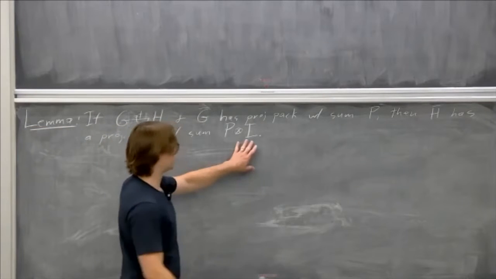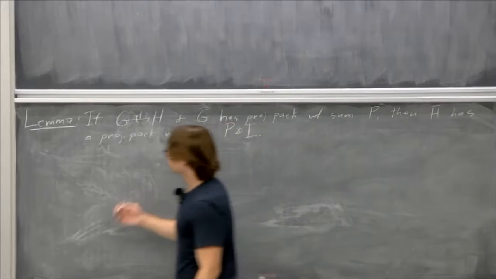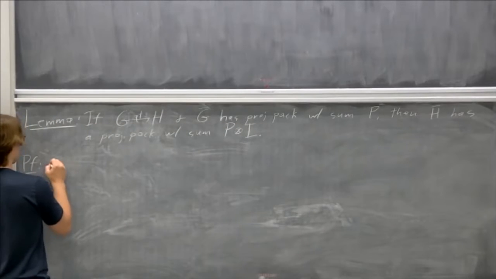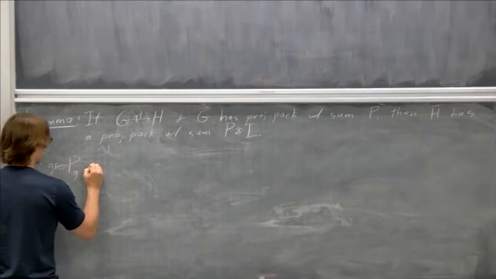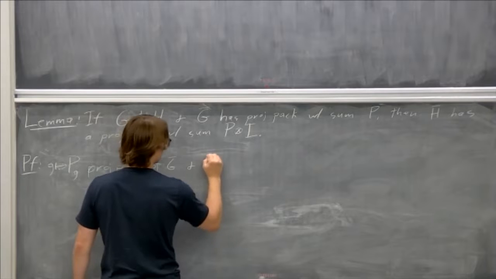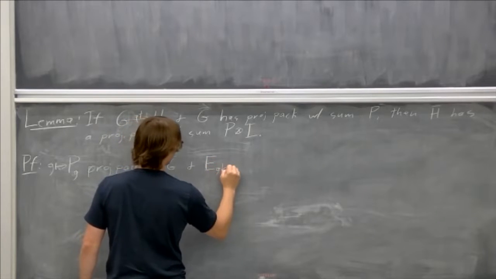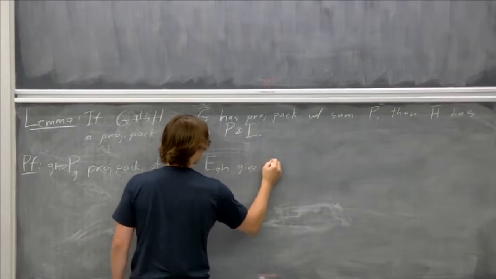You don't get to specify it, but for some size identity. Okay, so how does the proof work? Suppose this is our projective packing of G bar, and then we have the projections that give the quantum homomorphism from G to H.